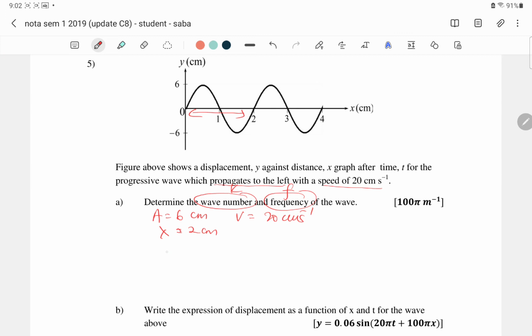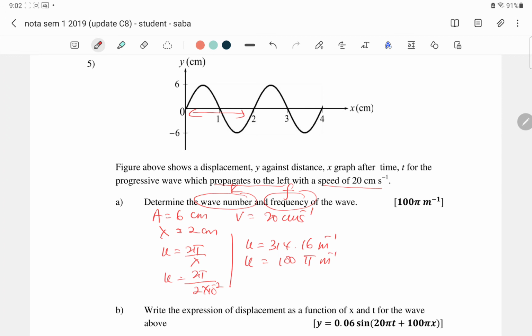So you have to find your k, which is the wave number, 2π over λ. So k, your λ is 2 times 10 to the power of negative 2. So then your k is 314.16 meter per meter, or you can have 100π per meter.